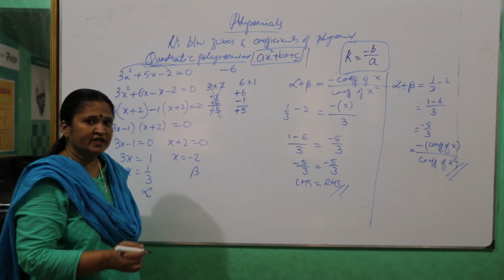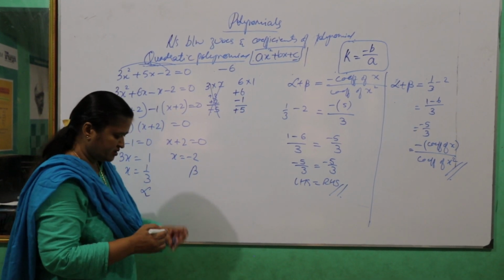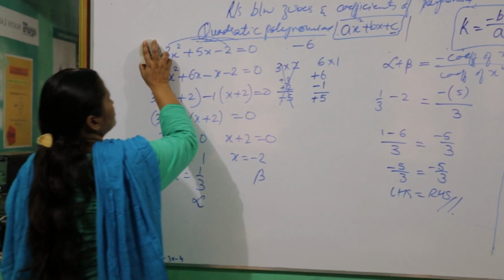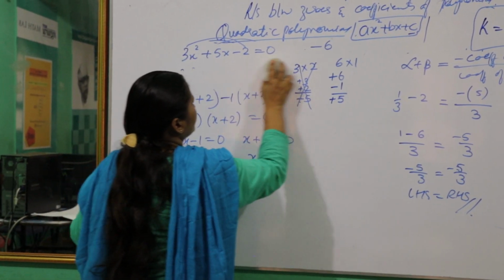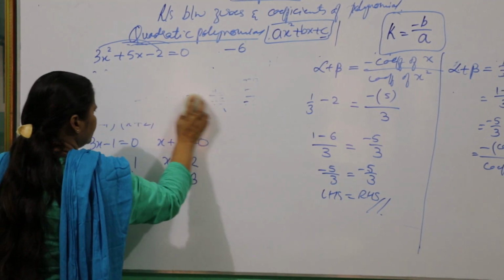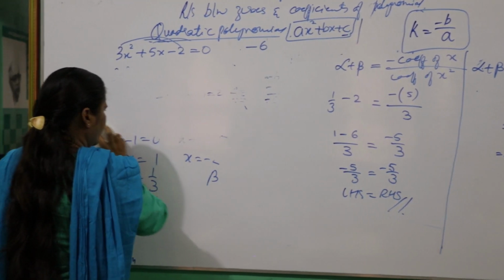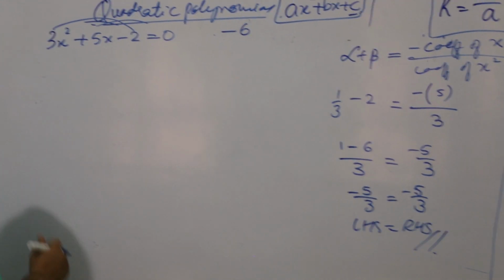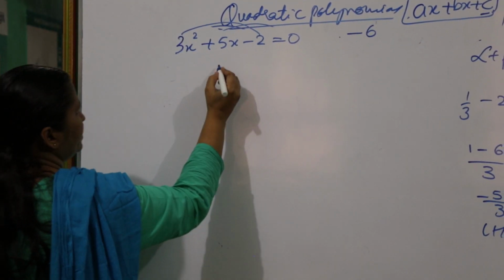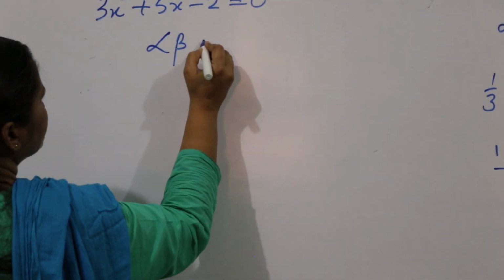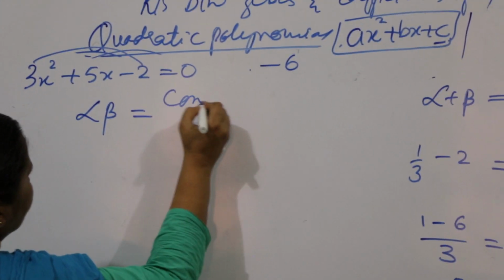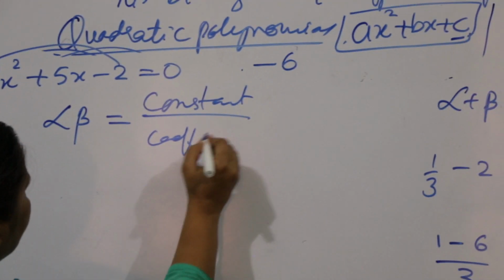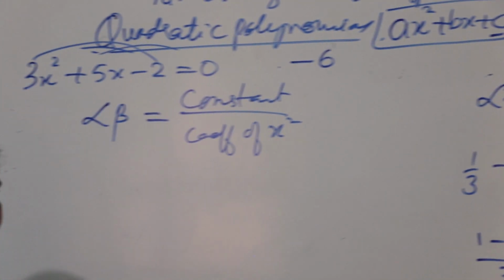So now let us also verify the product of the zeros, keeping these two zeros for this equation. Let us take the relationship for the product of the zeros. Alpha times beta, which is constant by coefficient of x square.